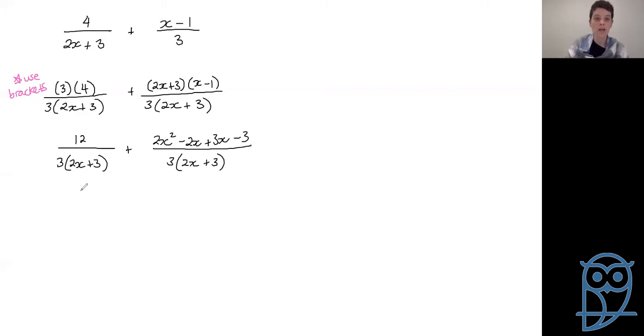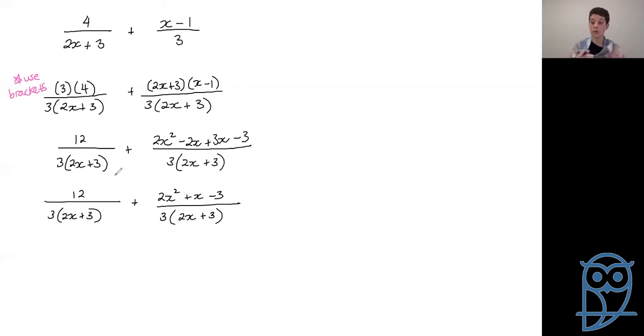So we're going to combine those like terms first before we do the addition. So 2x squared plus x minus 3 over 3 times 2x plus 3. Now we've got straightforward fractions. We can go ahead with that addition.